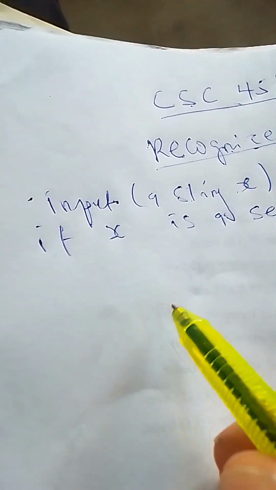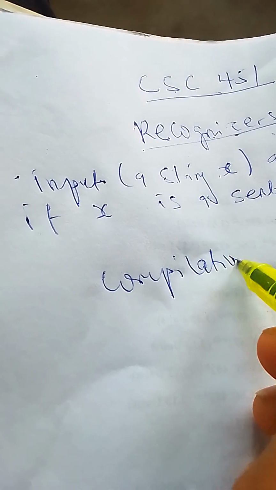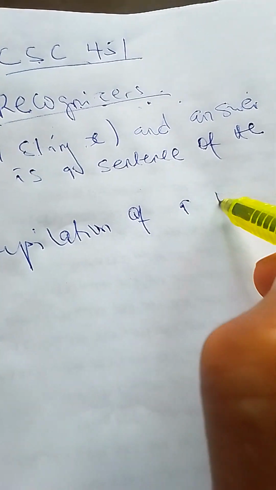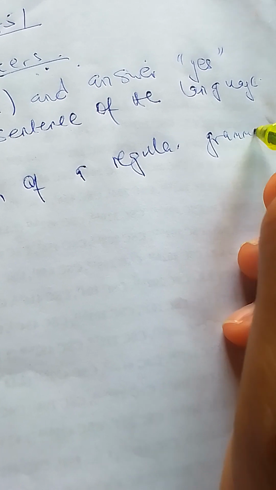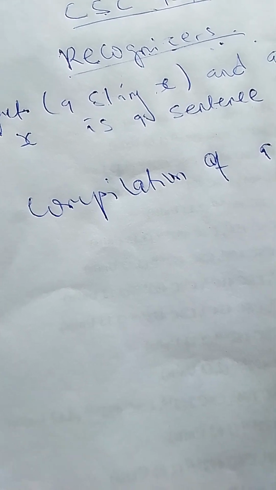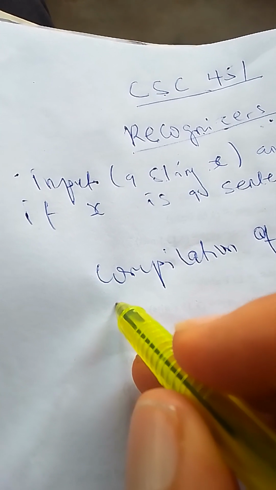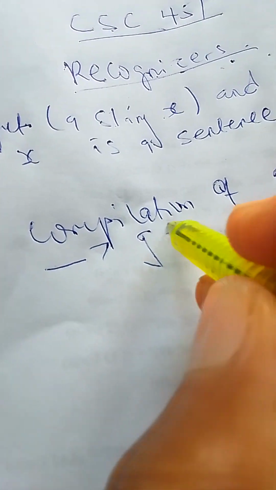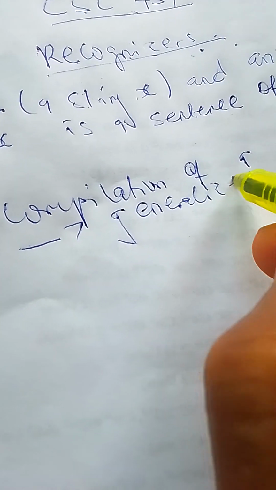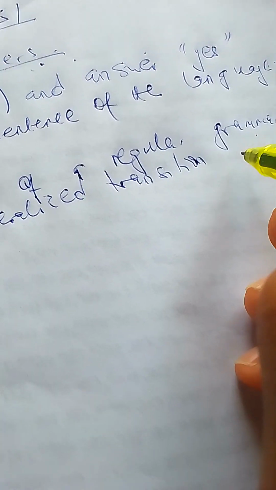During the compilation of a regular grammar, or what you may call an expression, what a recognizer does is construct a generalized transition diagram.